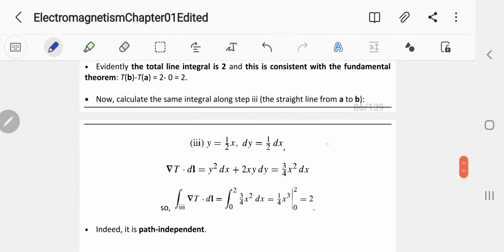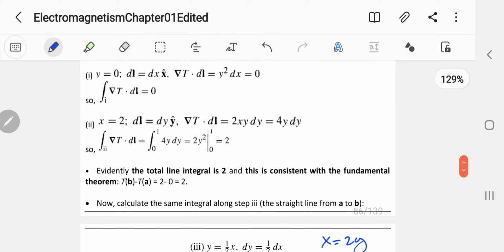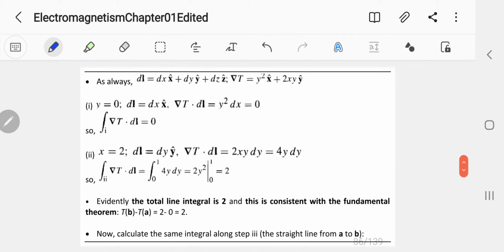So x is equal to 2y, or y is equal to 1/2 x. In this case, since they are both changing, your dl would contain these two components.